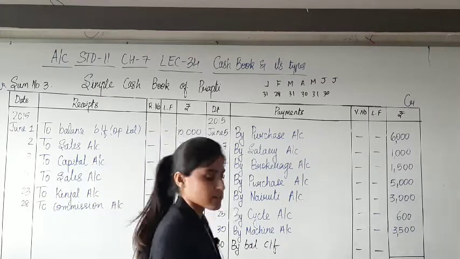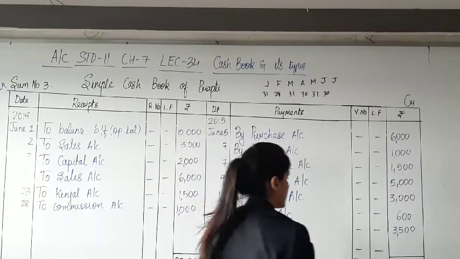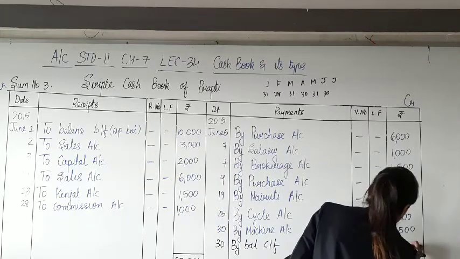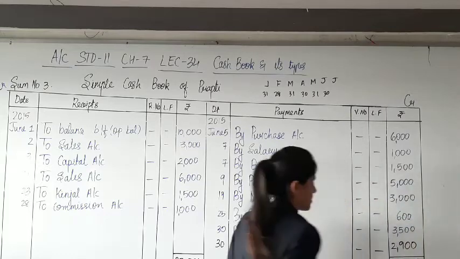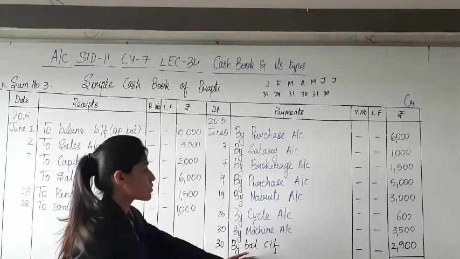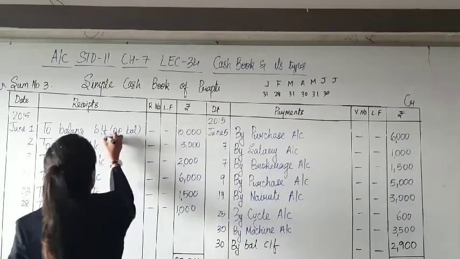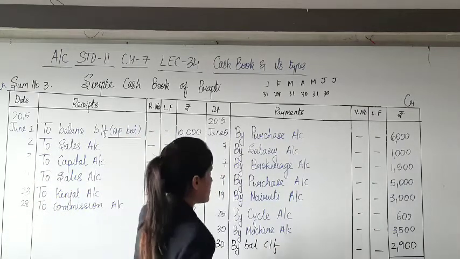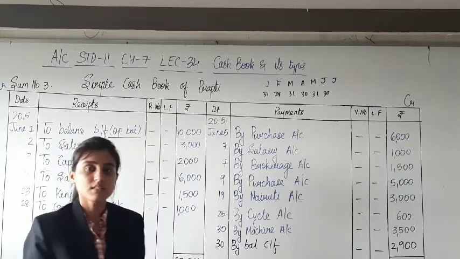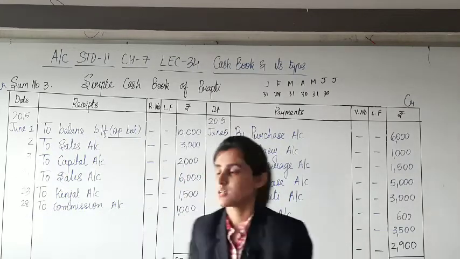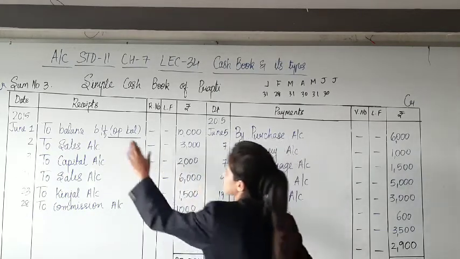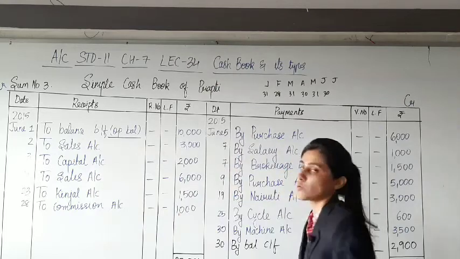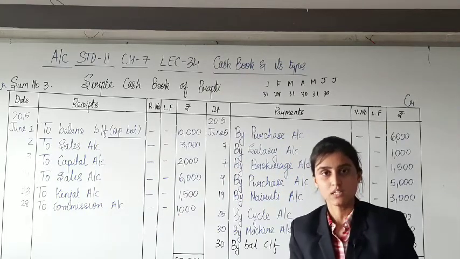So balance carried forward is 2,900. This is the closing balance, just the way this is opening balance, this is closing balance by balance carried forward. The balance at the end of the month is the closing balance and the balance in the beginning of the month is opening balance. Alright.